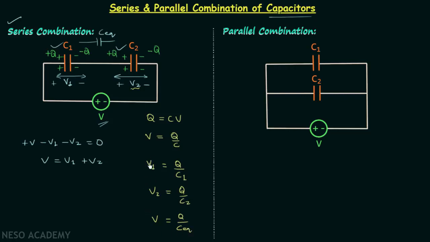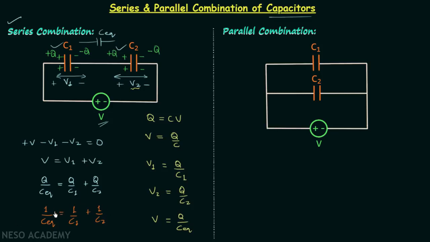Now we will put V1, V2 and V in this equation, and we will have Q over C equivalent equal to Q over C1 plus Q over C2, and from here we are getting 1 over C equivalent equal to 1 over C1 plus 1 over C2.